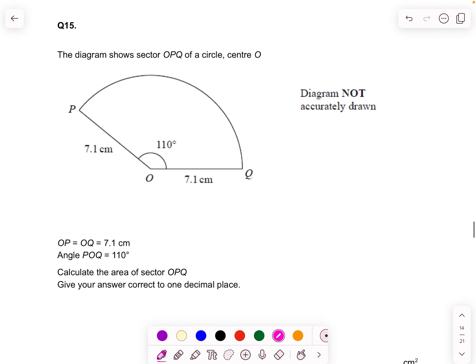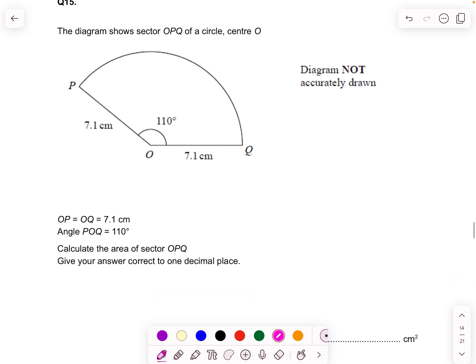Right, next one. So we've done this. We've done areas of a sector, and this was quite a nice question. So remember, to find the area of the sector, we find the area of the whole circle, which is pi times radius squared. So in this case, it's pi times 7.1 squared.